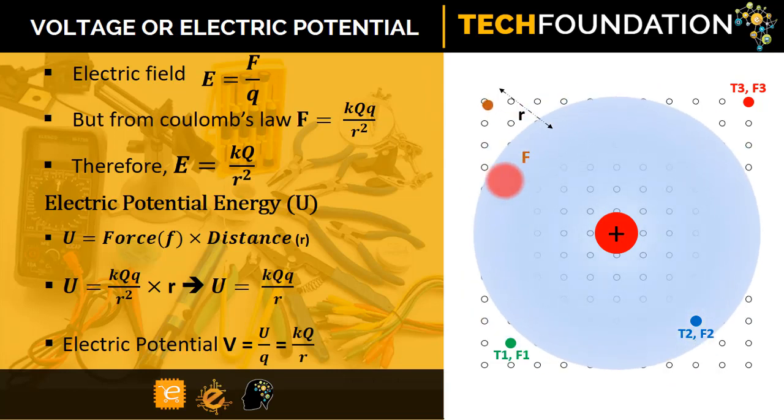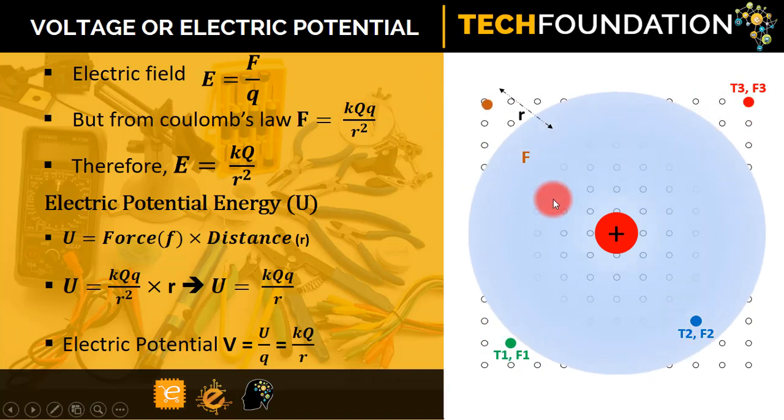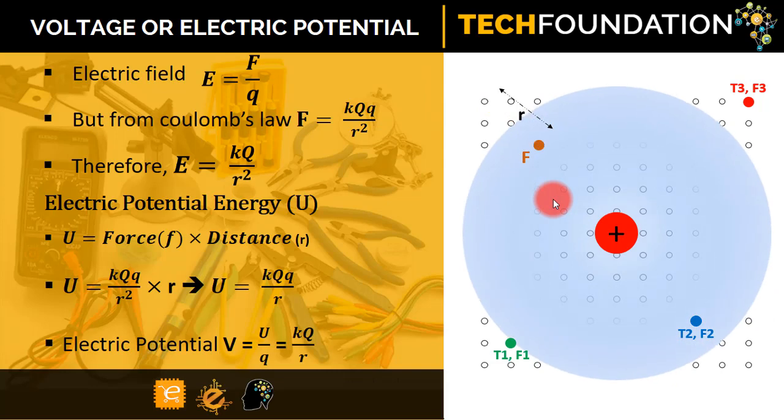In this same field, the potential energy on F1 will be different from that and that and that, because of their configuration or positions in this electric field. So we can consider the area around this positive charge as some sort of potential energy field.